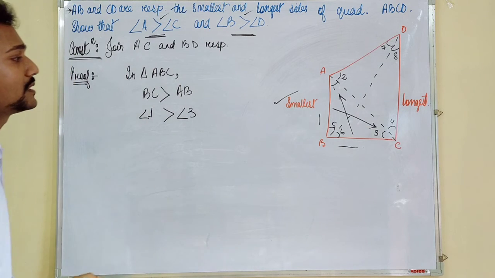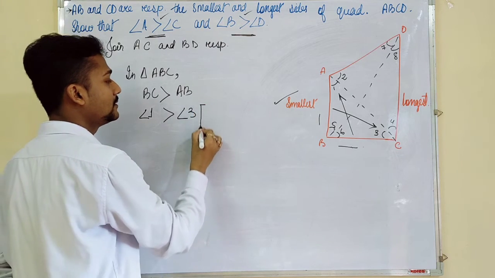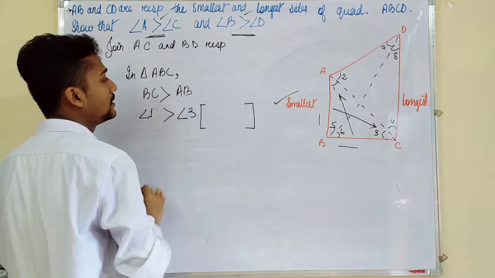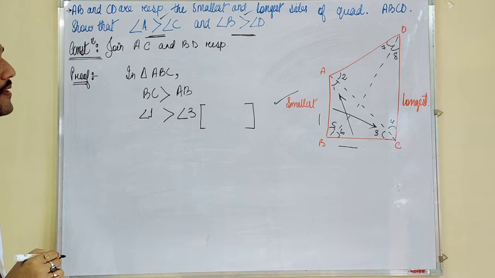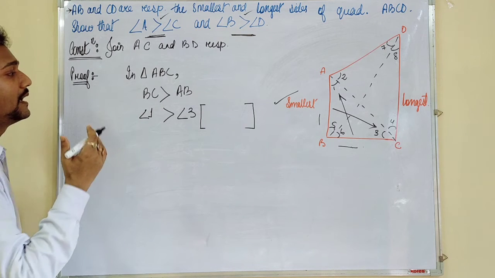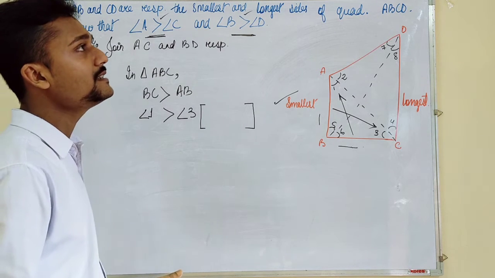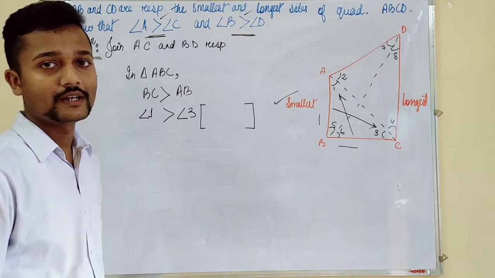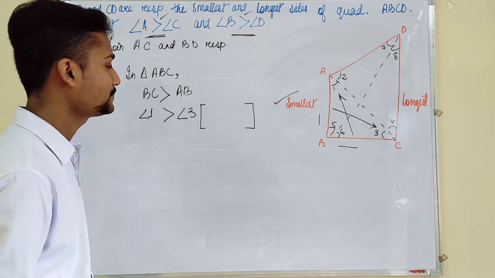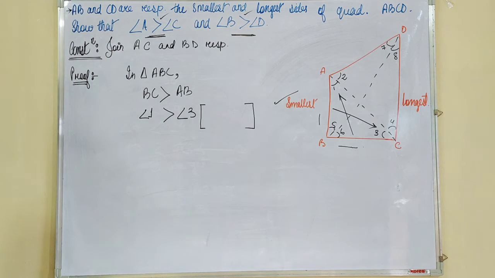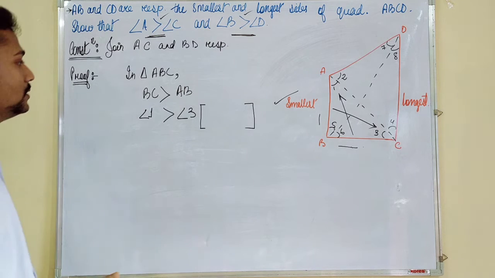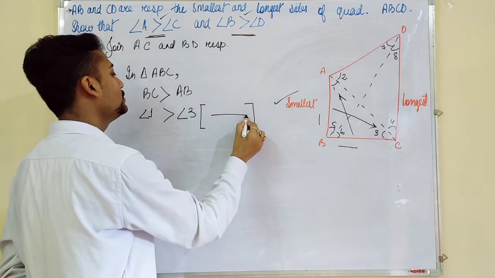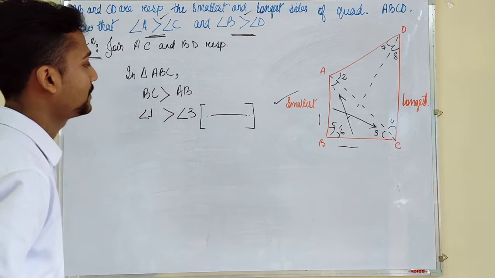Don't be confused. What is the reason? Angle opposite to the greater side is greater. Yes or no? That we have done already. So that particular part I leave up to you. You will mention it in the solution.